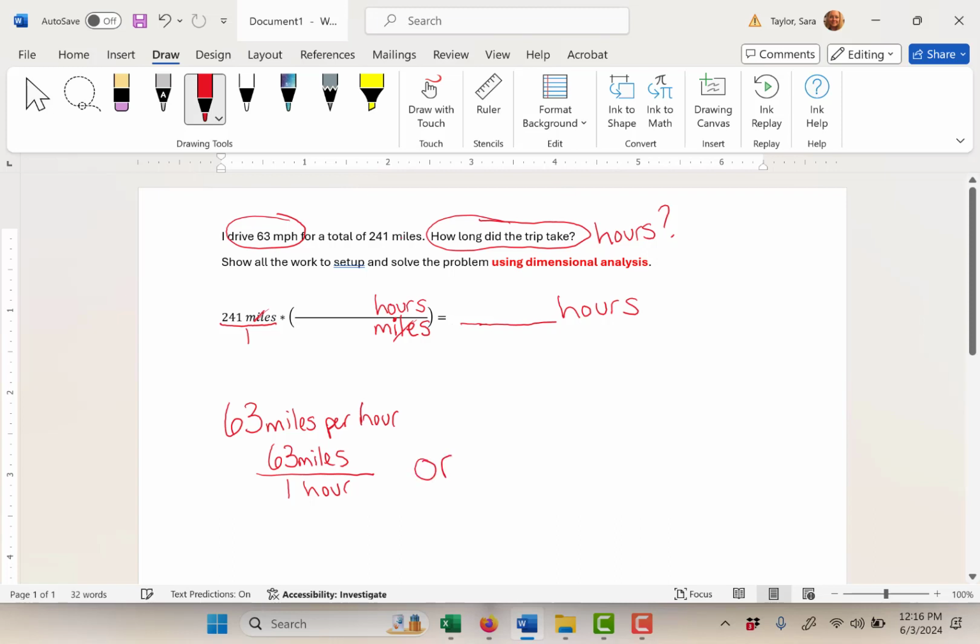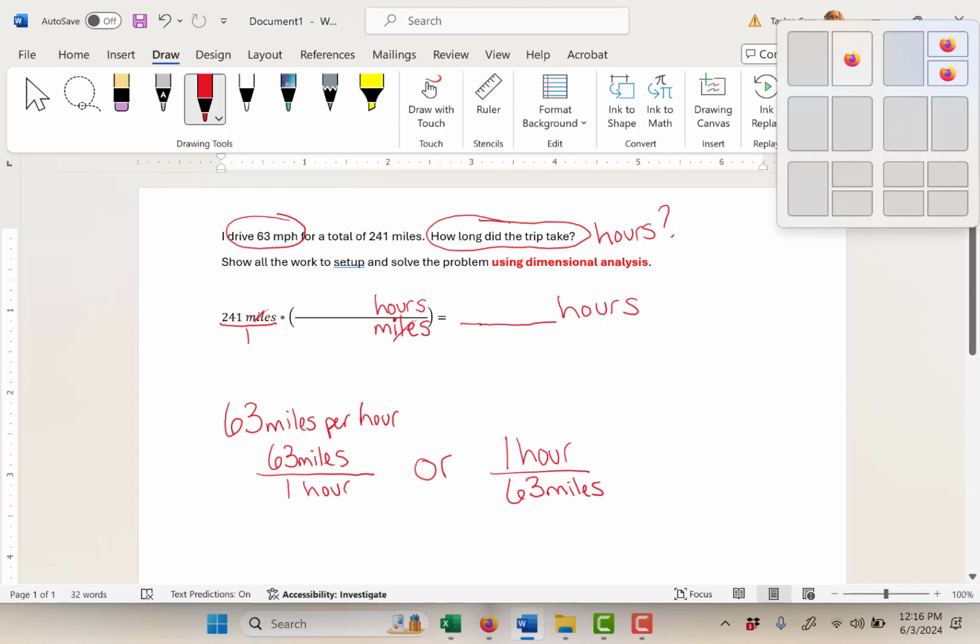Or we could say that it's the same thing as 1 hour per 63 miles. Those are both saying that the car is traveling at that speed.